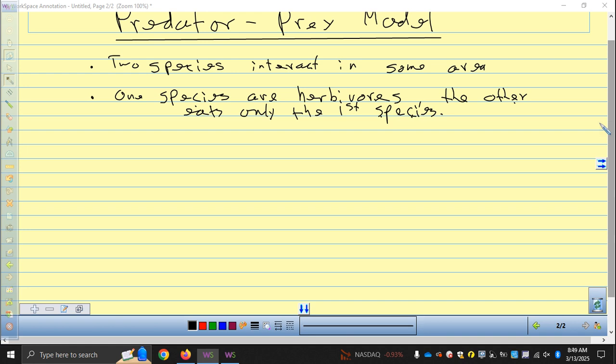Our book uses foxes and rabbits as the predator and prey. So if x1 of t is the predator population, and x2 of t is the prey population.